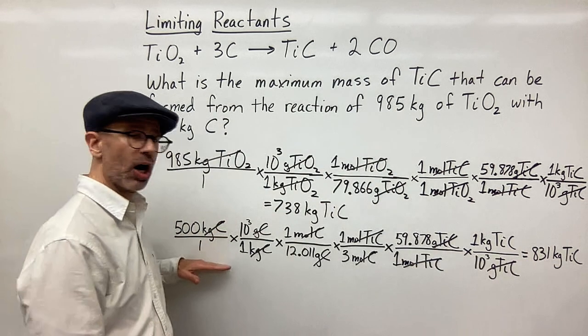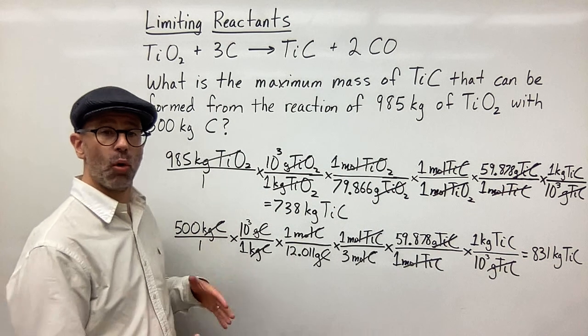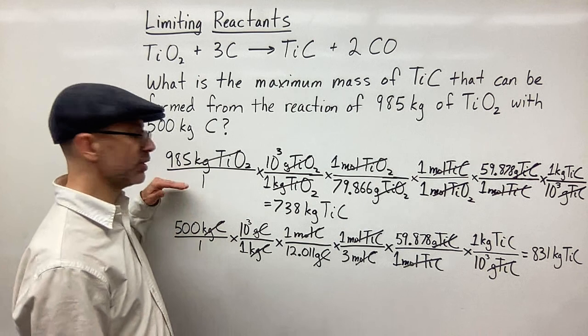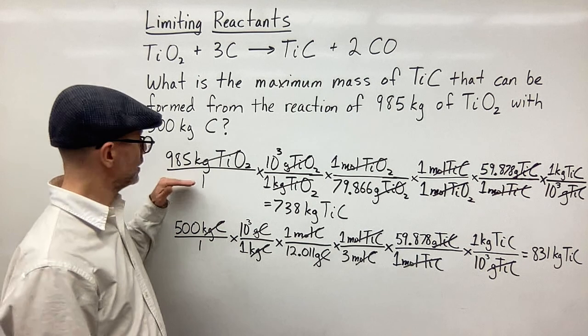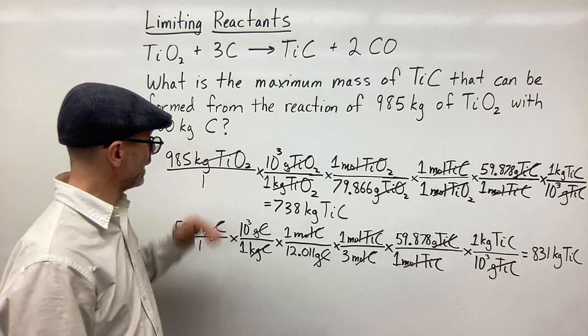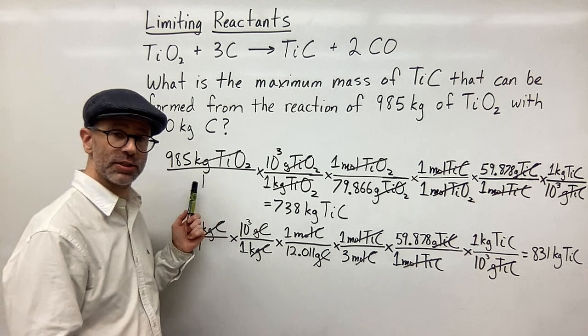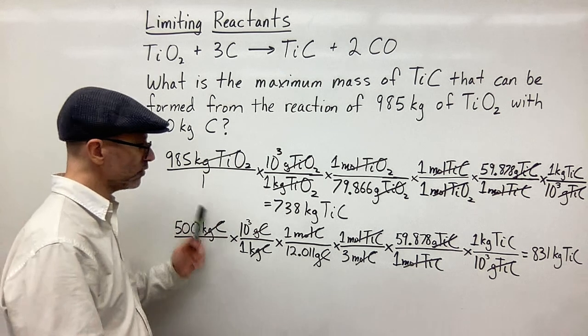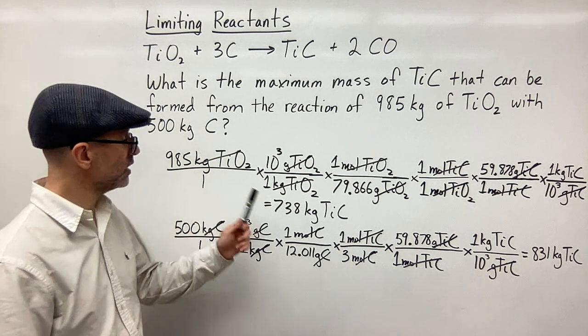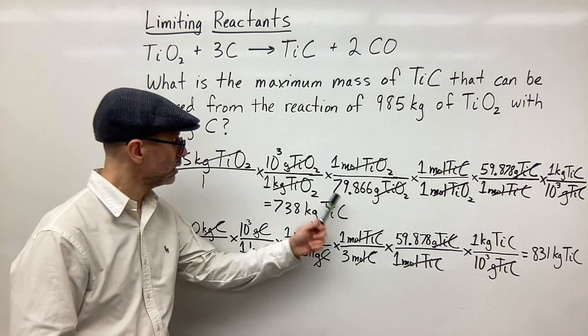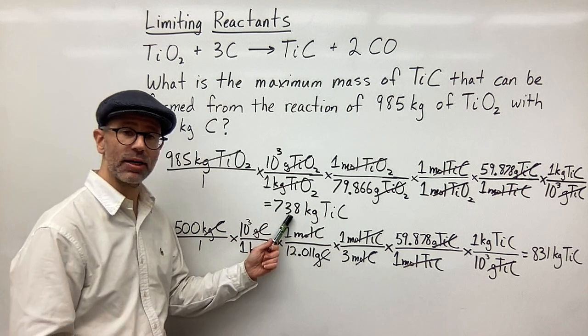This amount of carbon produces more TiC compared to this amount of TiO2. So that indicates that the TiO2 is going to run out first, because it is producing less of the TiC, less product.